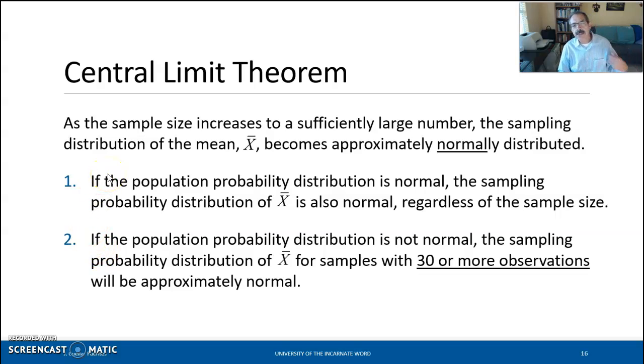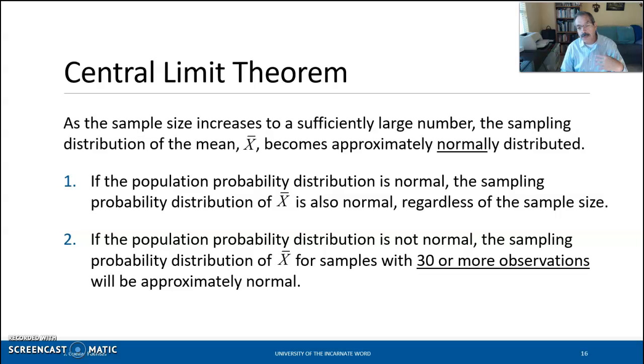So as the sample size increases to a sufficiently large number, the sampling distribution of the mean becomes approximately normally distributed. And we have two very important conditions. Very important because as we solve problems, we need to validate that, in fact, the sampling distribution is normal. Number one, if we know, for whatever reason, that the population probability distribution is normal, then the sampling distribution of the mean is normal, independent of what sample size is used.